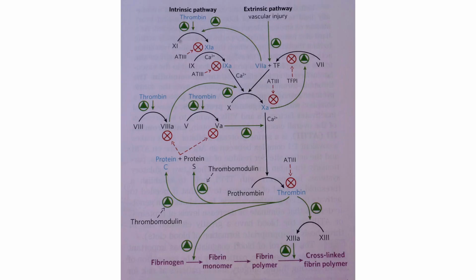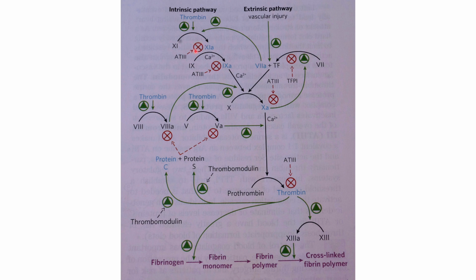So when we look at the actual cascade, we have the intrinsic pathway, which has thrombin. You have the extrinsic pathway of vascular injury, and you have factor 11 going to activated factor 11A.